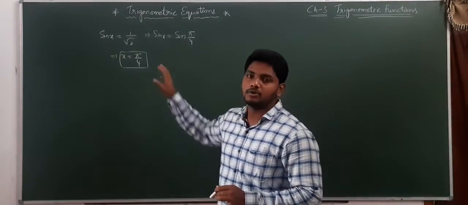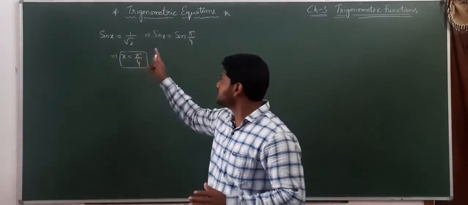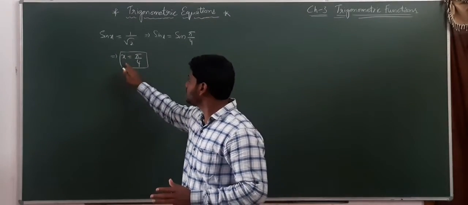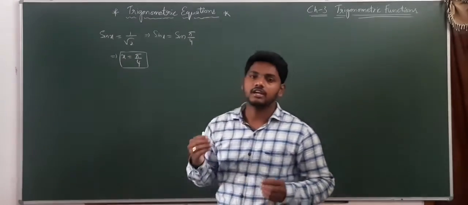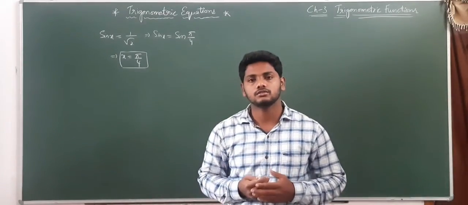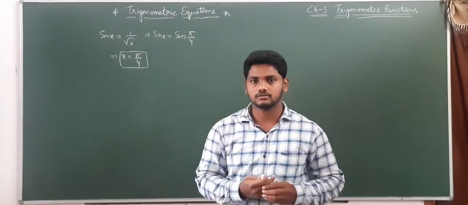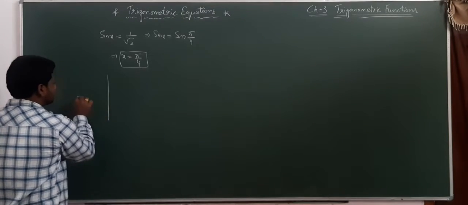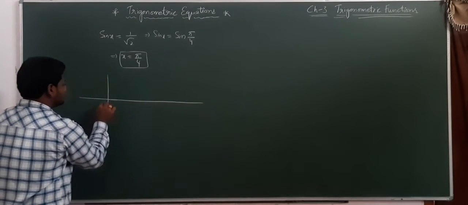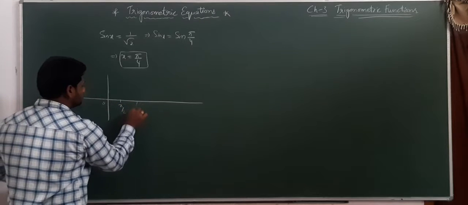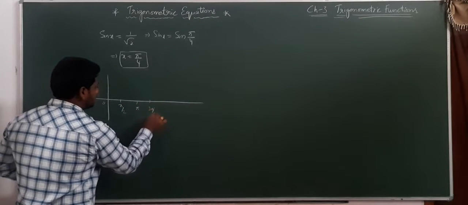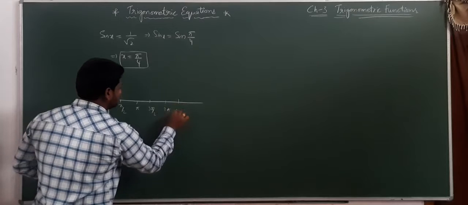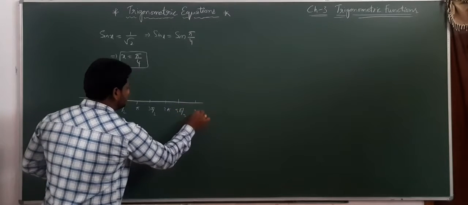Still, infinite number of solutions are there for sin x equal to 1 by root 2. We have infinite number of x values. What are those? How to find those? For example, if you consider a sine graph: 0, pi by 2, pi, 3 pi by 2, 2 pi, 5 pi by 2, 3 pi, and so on.